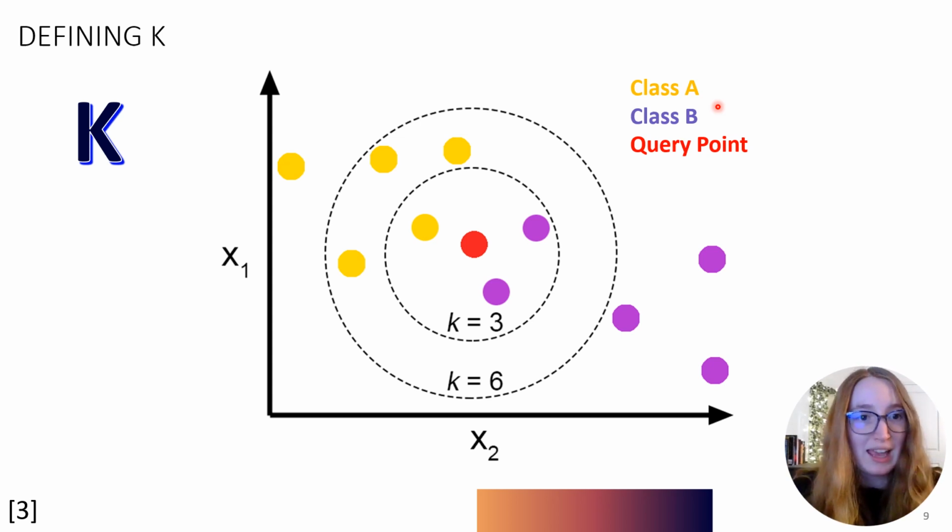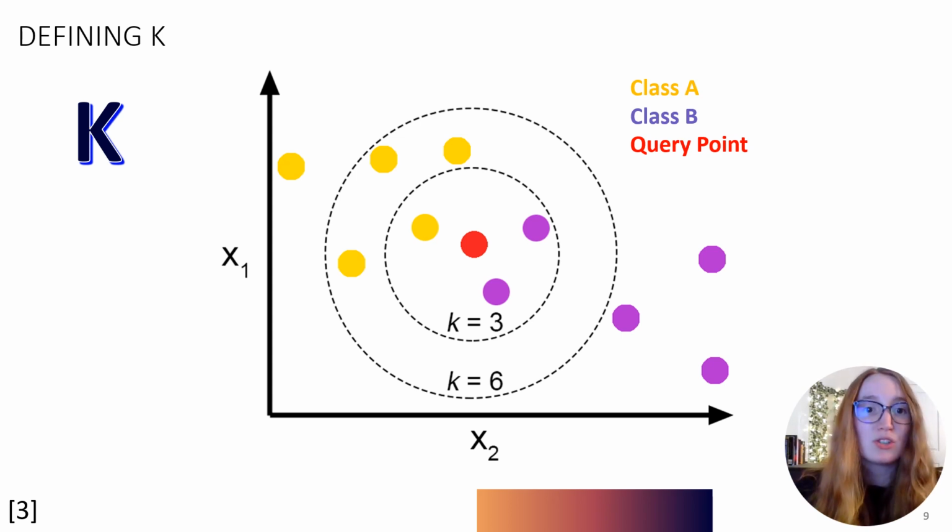This value K is user selected and can be any number from 1 to the number of data points that exist. Selecting the value of K for a given parameter estimation problem can be challenging. This is because if K is too large, you might be overfitting the data. This would result in high bias and low variance.